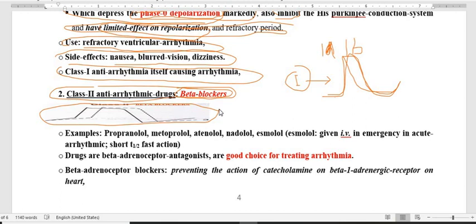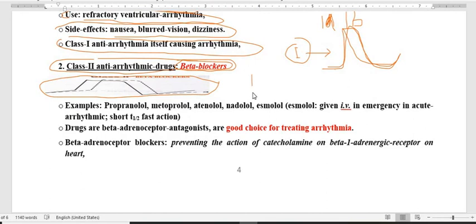That means they act on the pacemaker cells like the SA node. The drugs under class 2 are particularly beta 1 blockers.